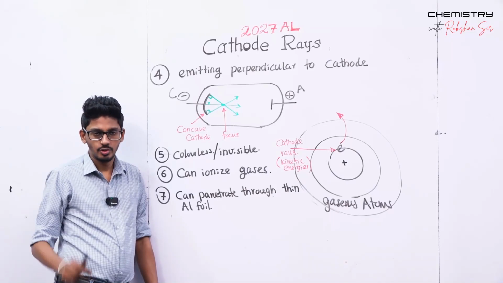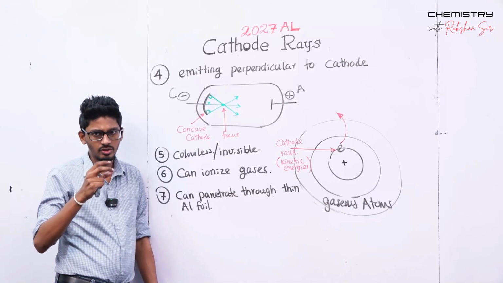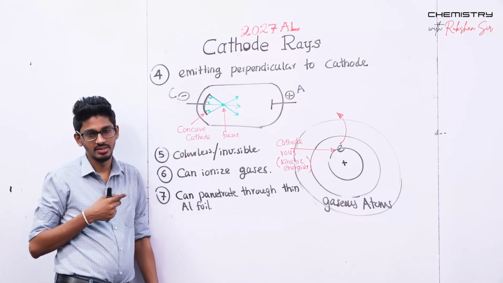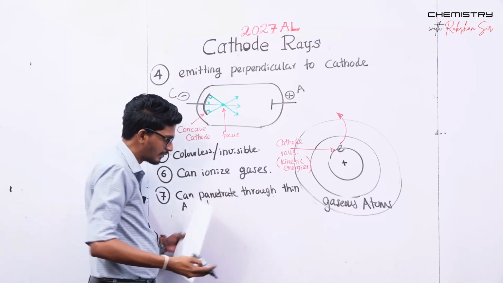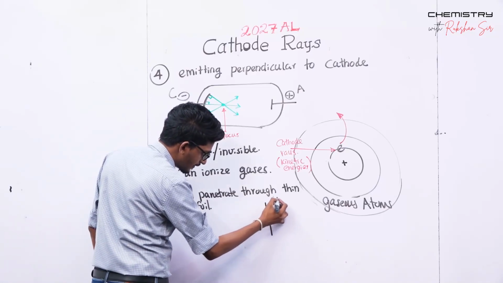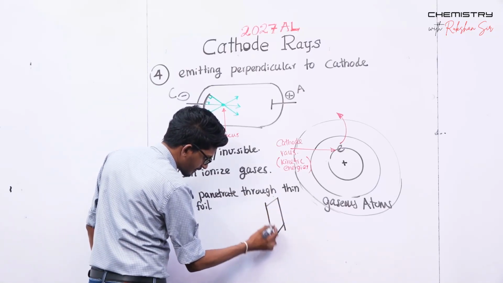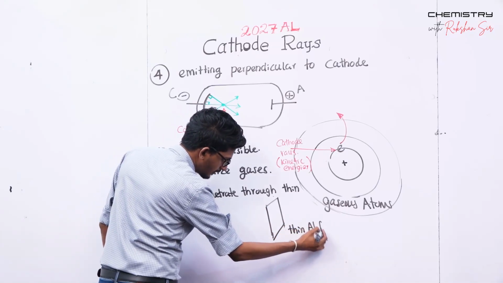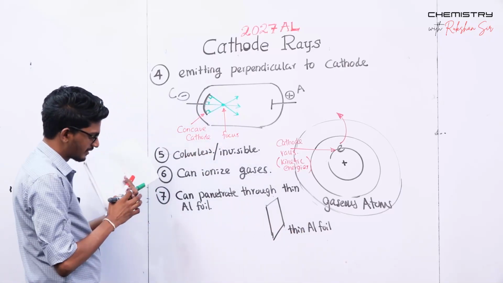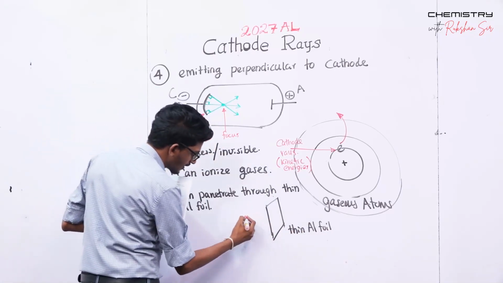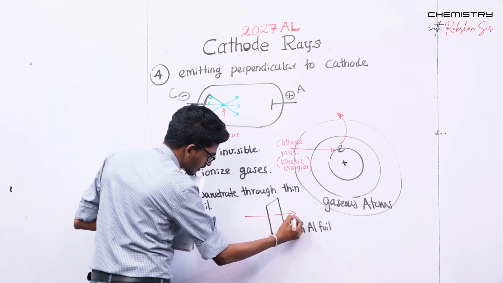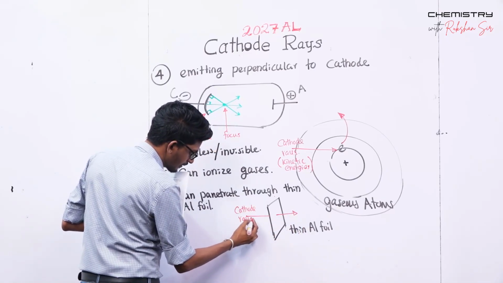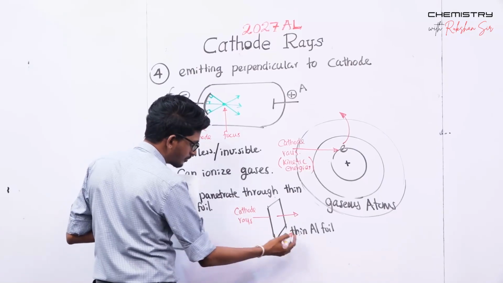You know the meaning of penetration, right? Penetrate means you can go through the material. The cathode rays are able to go through thin aluminium foil. Remember, keep it in mind, this should be a thin one.